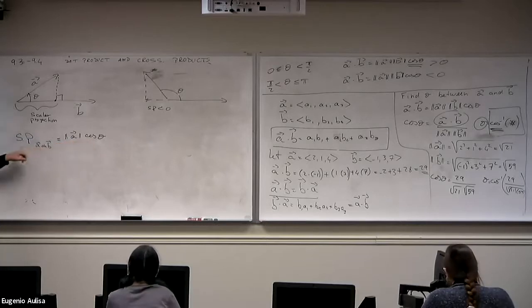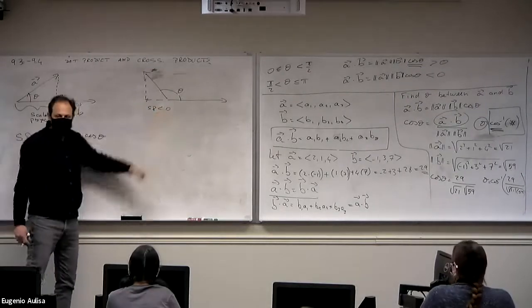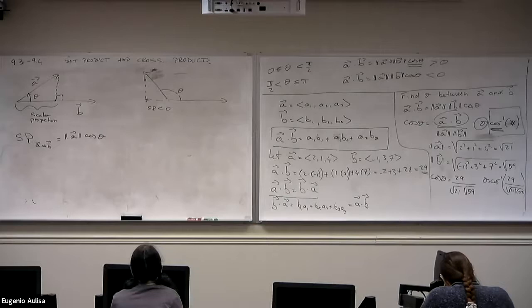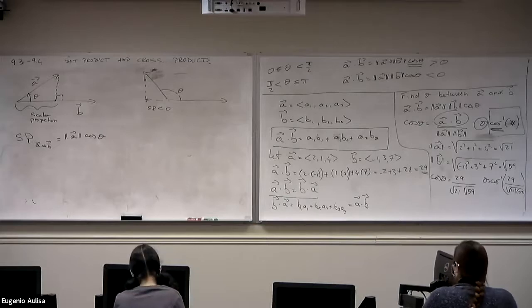So you see this definition of scalar projection gets exactly the right sign. Okay, positive or negative if theta is less or greater than pi over 2, 0 if it is exactly pi over 2.